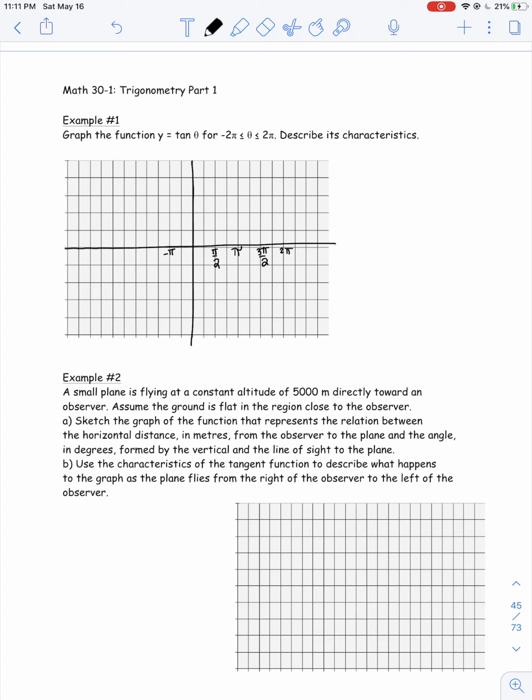And the same thing in the negative direction. And then we want to label our y-axis. We'll go to +4.